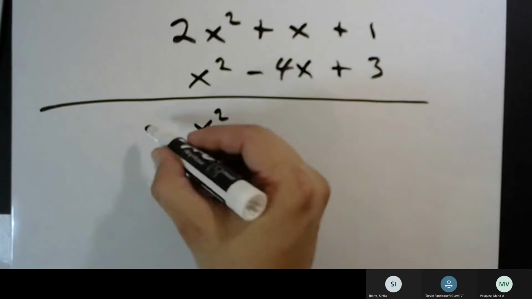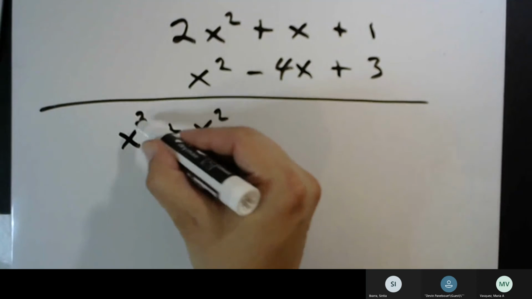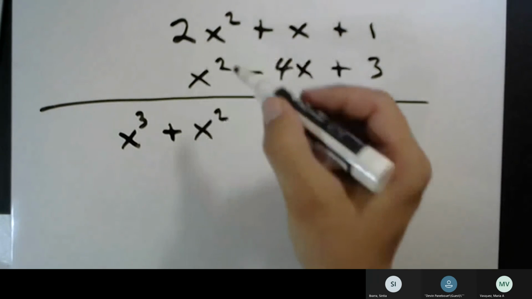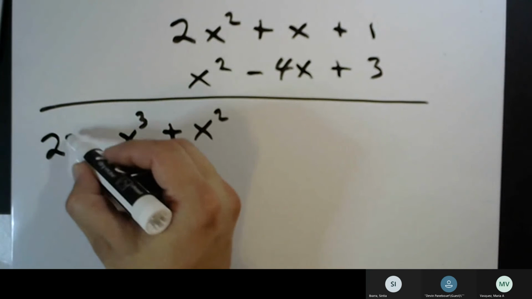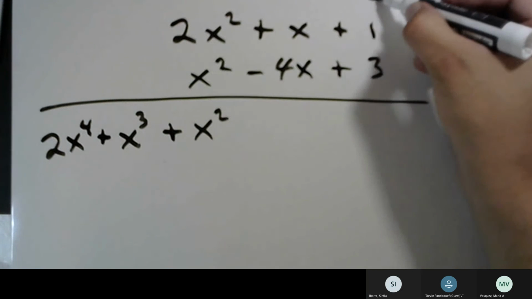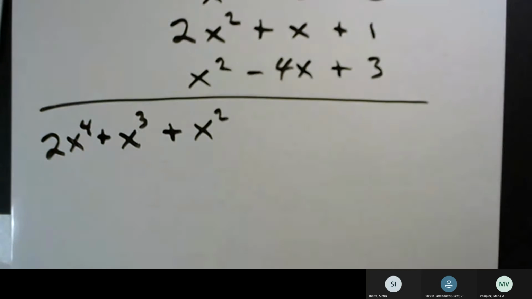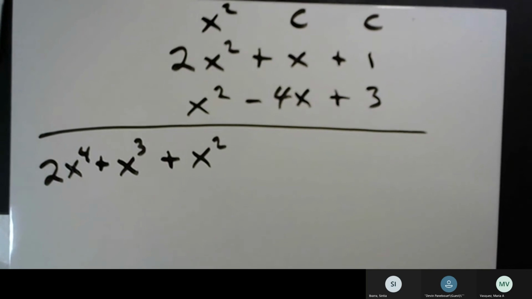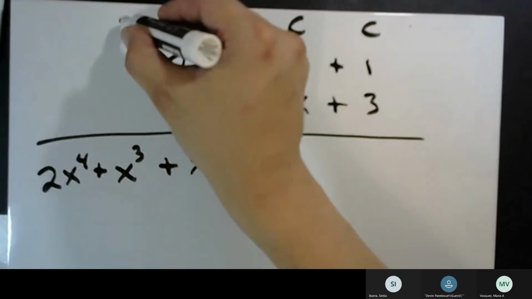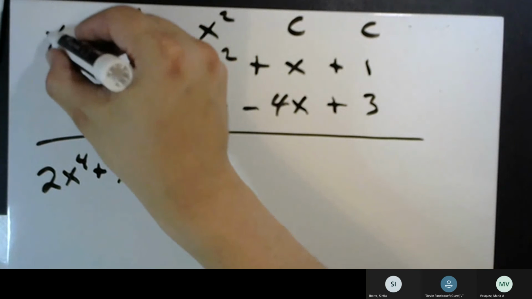X squared times x is a positive x cubed. And then x squared times 2x squared is 2x to the 4th.